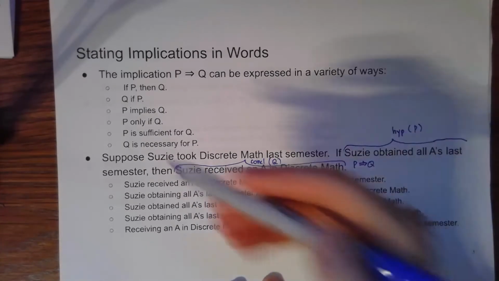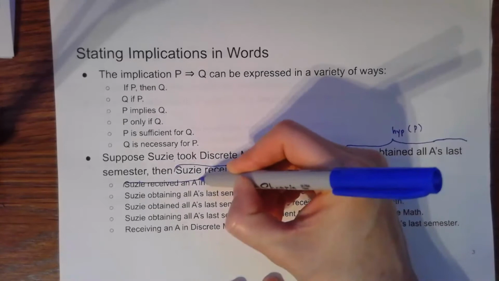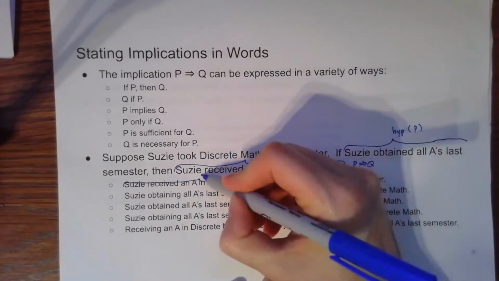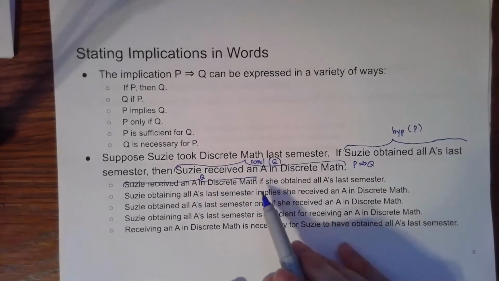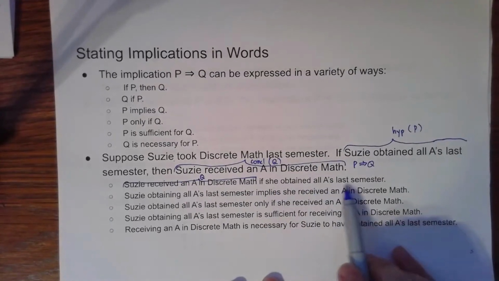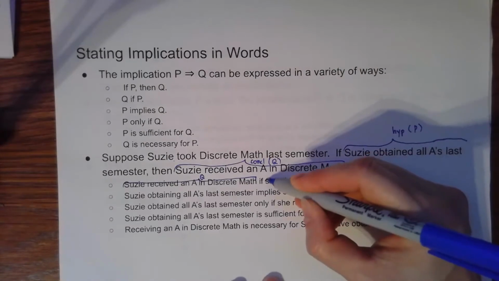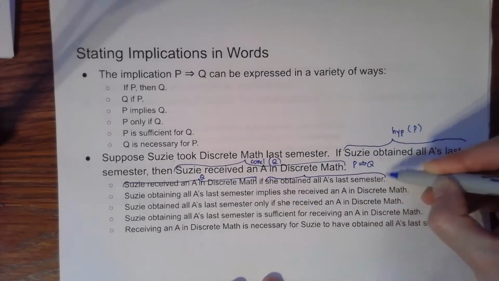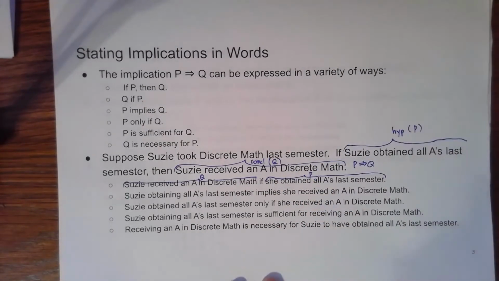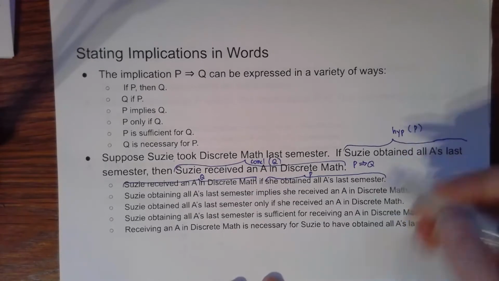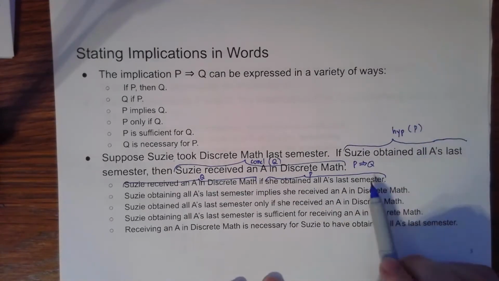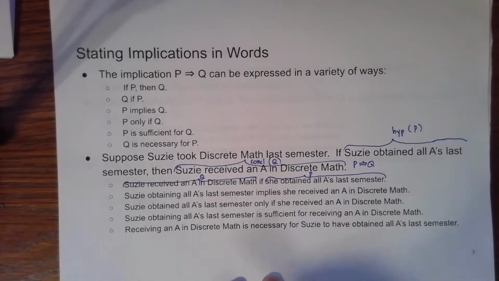So this is our Q. So we have Q if she obtained all A's last semester. Well, that's here, all A's last semester. That's P. So this is our P. So notice this is in the form Q if P. It's logically the same as this one. So this would still be interpreted as P then Q. So it's the same as this.